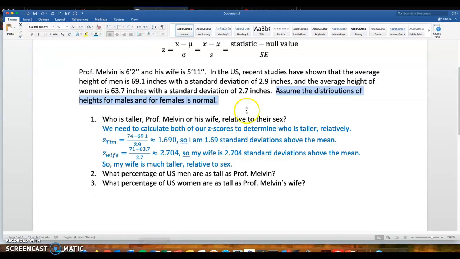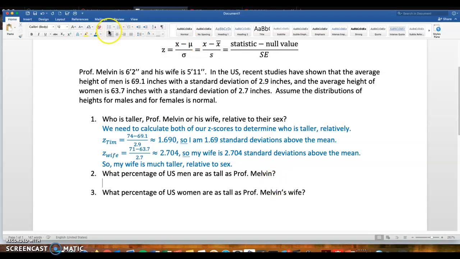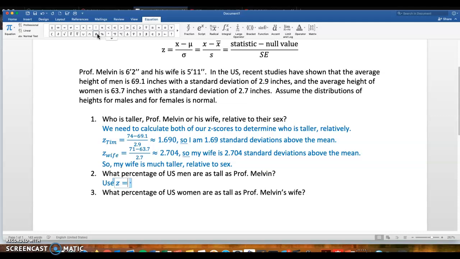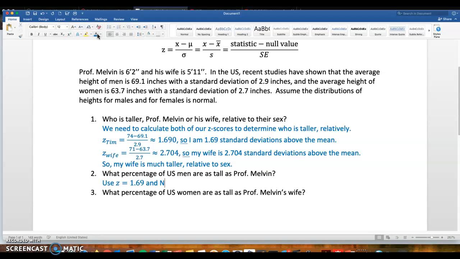And I have two options. I could just look at my z-score. So we could use my z-score of 1.69 and the normal distribution centered around 0, standard deviation 1.